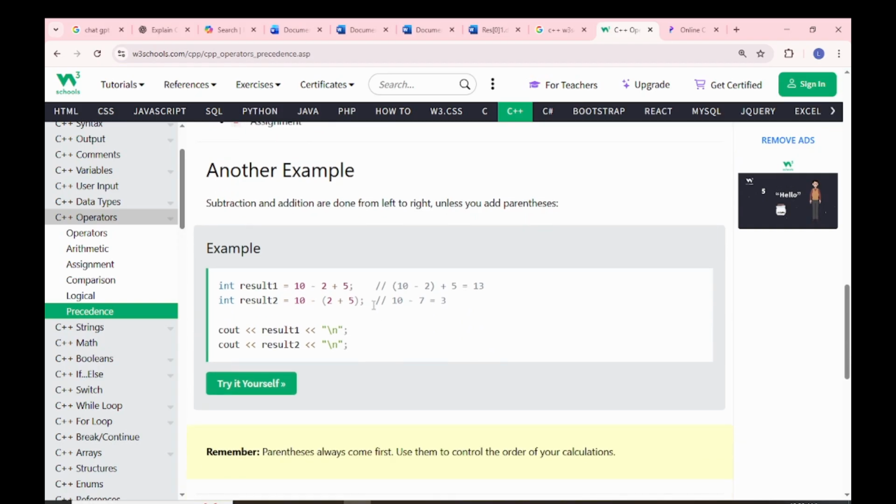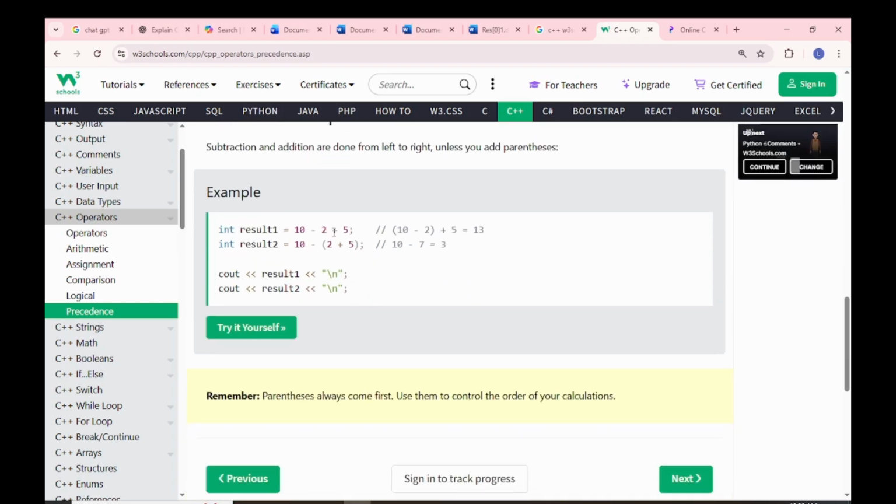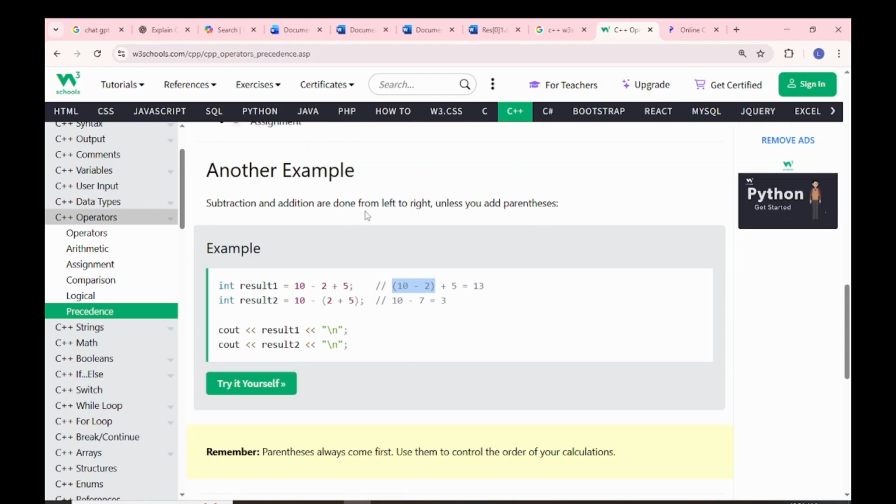Okay, another example. So here addition first, right? So 5 plus 2 is 7, minus 10 is 3, right? It's not like 10 minus 2 is 8, plus 5. No. Subtraction and addition are done from left to right unless you add parentheses.